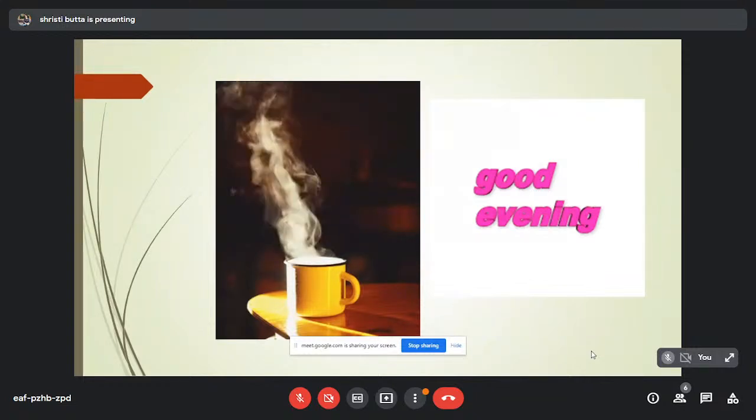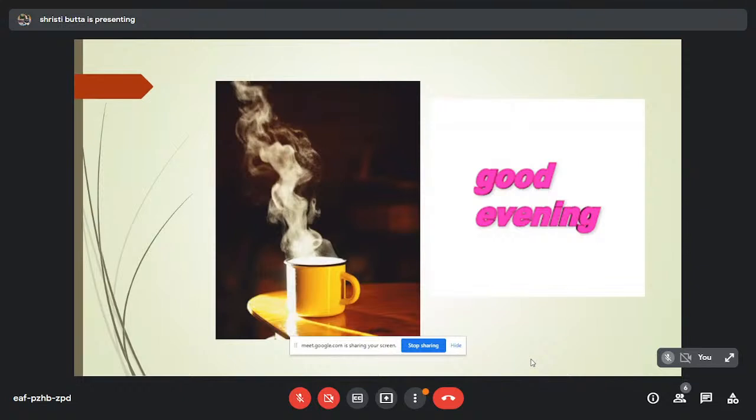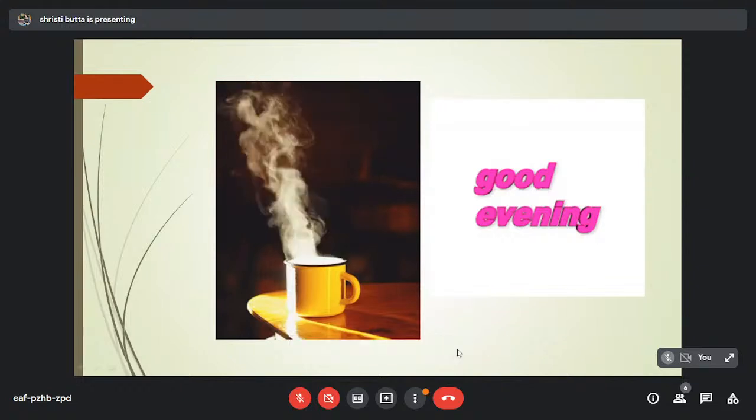So is it visible? Yeah, just press that hide pop-up, it will go away. Yeah, please start. Thank you.